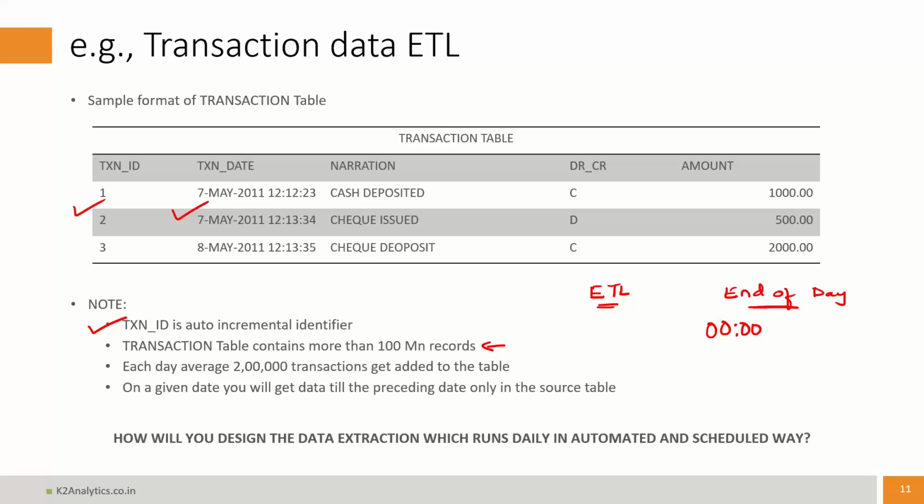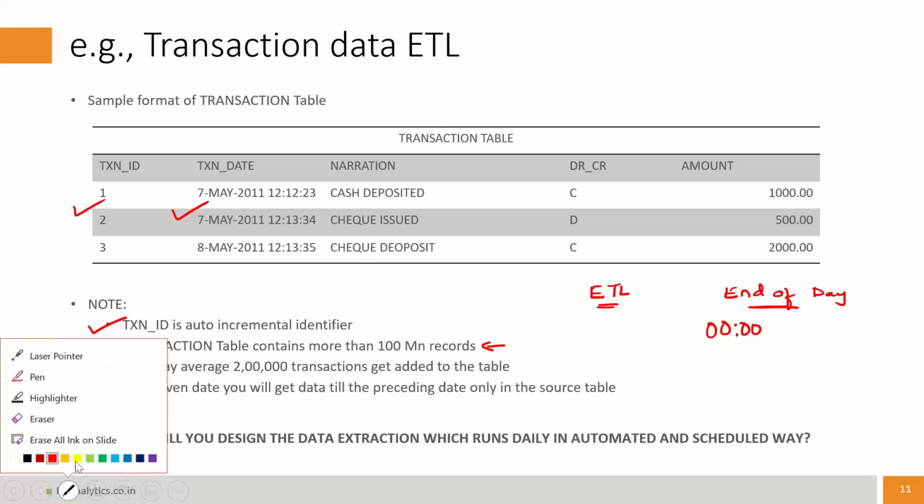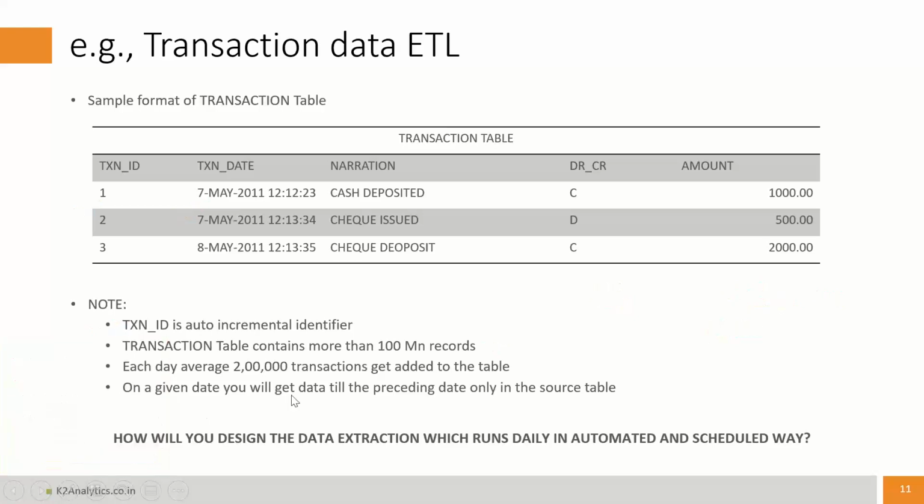So if I ask you the question based upon the discussion so far, how will you design the ETL? How will you design your data extraction which runs daily in an automated and scheduled way for the transaction table?